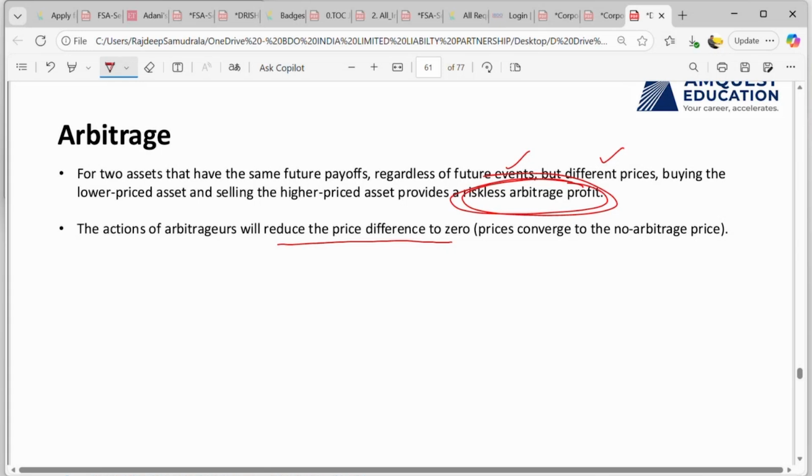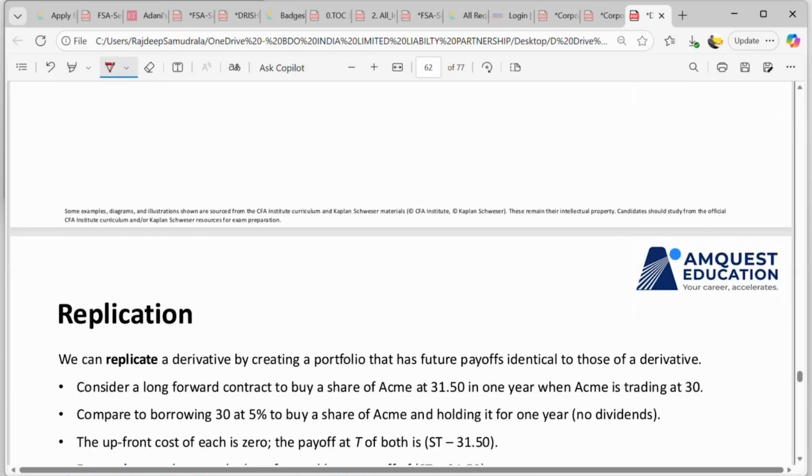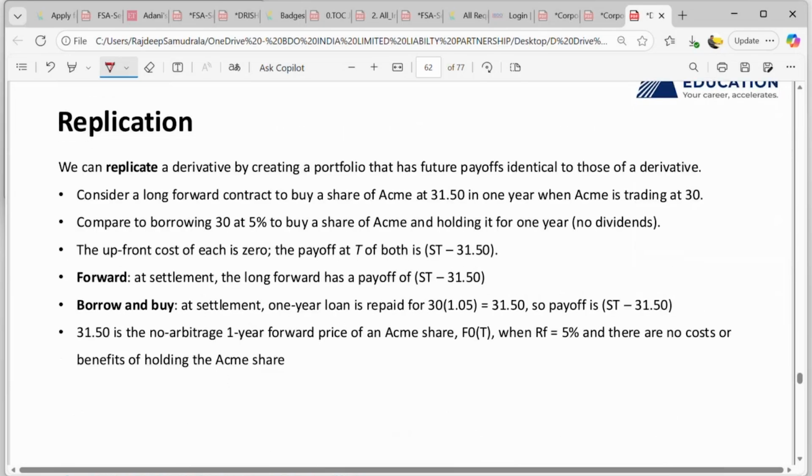Clear? We discussed no arbitrage pricing yesterday also when we went to derivatives, right? Futures and spots. That's important. So remember, a derivative can be replicated through portfolios also, correct? And this is called replication. So basically I'm saying that I can mimic a certain cash flow by using derivatives.